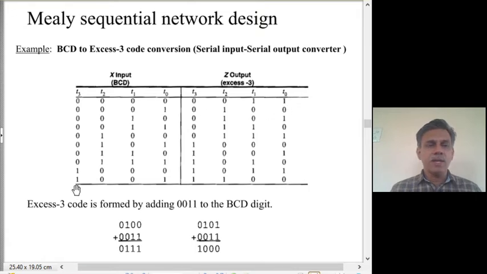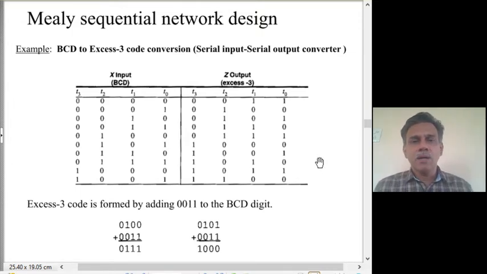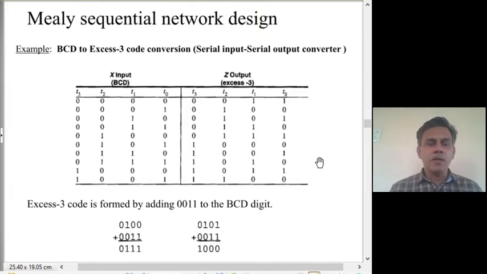Finally, for the number 9, 1, 0, 0, 1, we will have an XS3 representation which will be 1, 1, 0, 0, which in an 8421 code will correspond to 12. So, in XS3 code, the decimal 9 is encoded as 1100. So, it is as if the numbers have been given a boost by a numerical value of 3. That is why we call it the XS3 code.